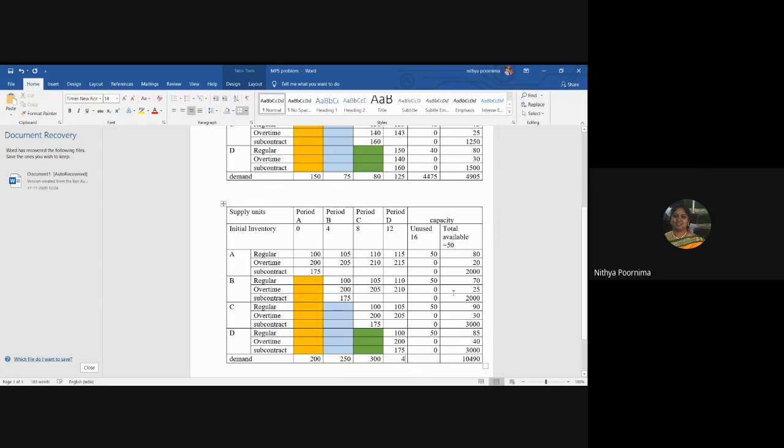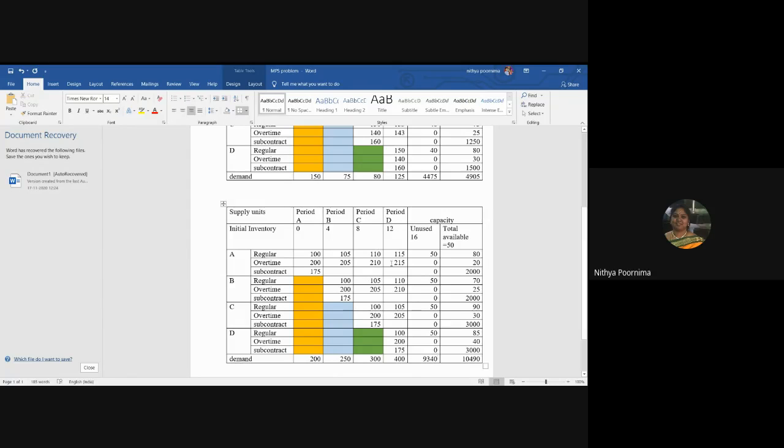Now, first I will cross check how much this is, to enter in the unused column: 10,490 minus the sum of this. How much are you getting? 450 plus 300. 9,340.